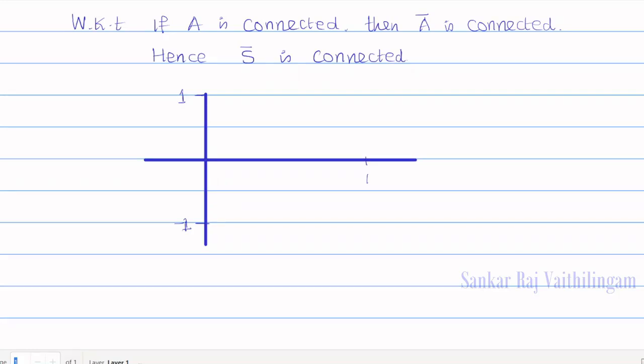This is my +1 and this place is -1. The function S will start somewhere here, and it will touch this and this, going -1, +1, -1, +1 and so on.